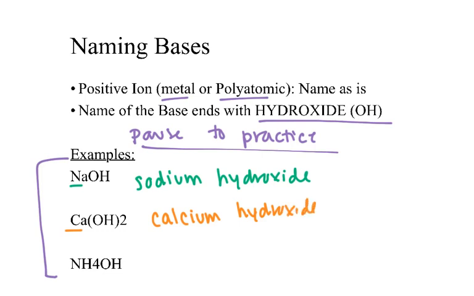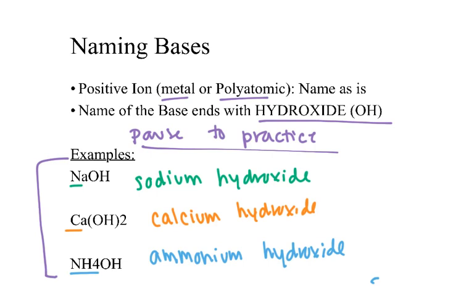And in our next one, you can see that we have a polyatomic ion as our positive. So we should remember, or we should be able to look back and know that this is our ammonium. So we are going to name this ammonium hydroxide.